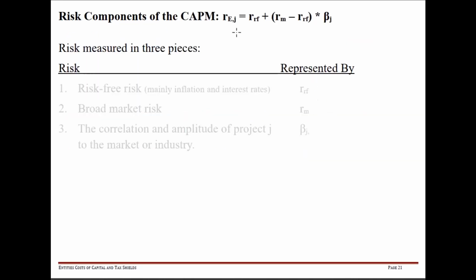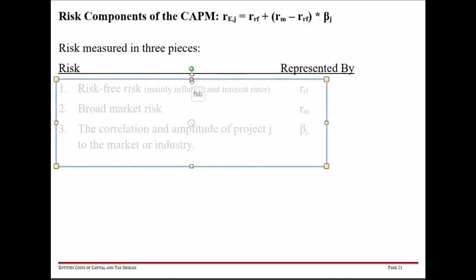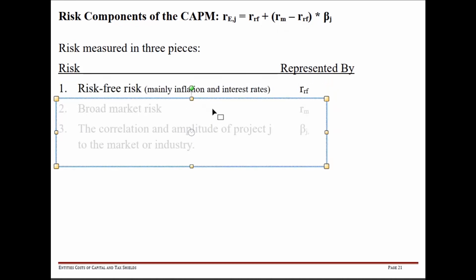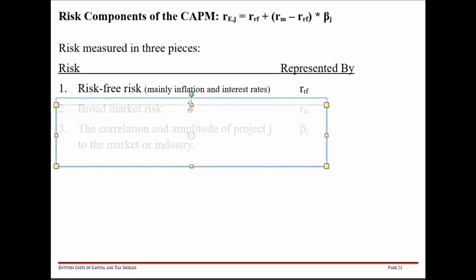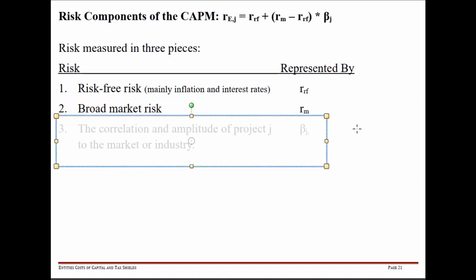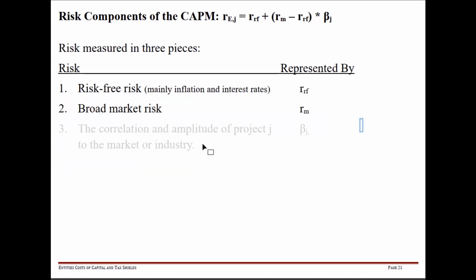Okay, but let's just think a little bit, make sure we understand completely all of these components. The CAPM model measures risk in three pieces. Risk-free risk, measured by risk-free rates, which we typically look up via treasuries. Broad market risk, which is RM.